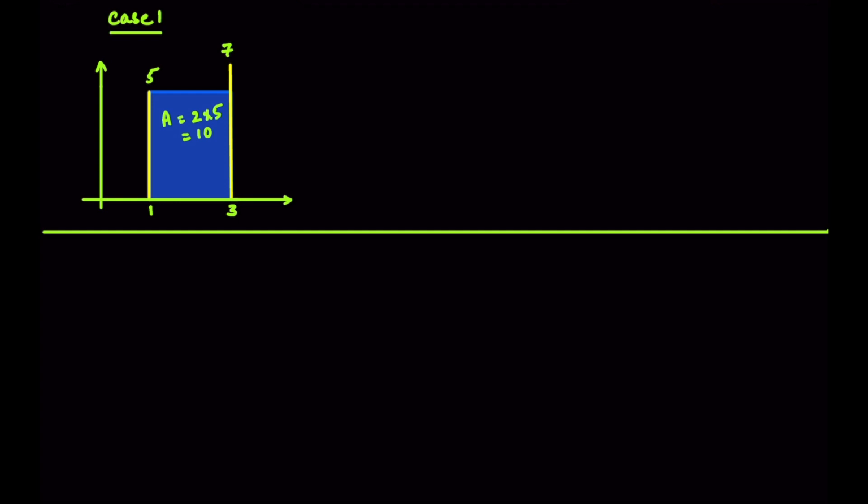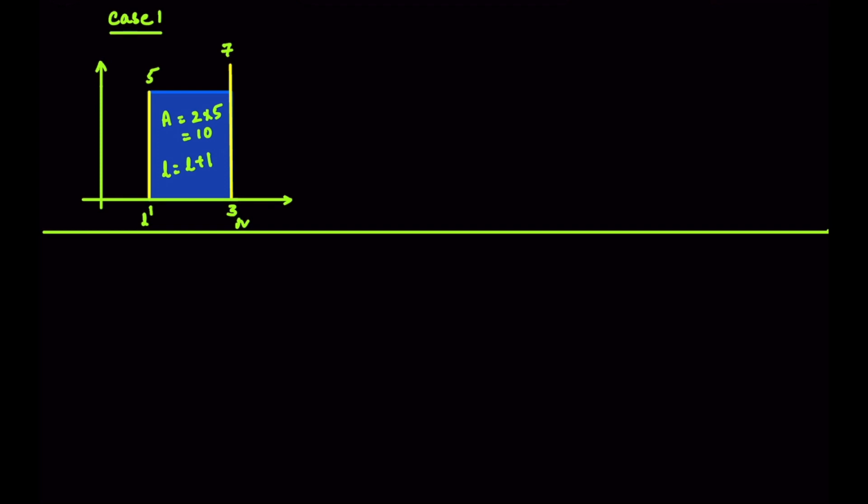And after finding this area, we consider this one as the left pointer and this one as the right pointer. Since the left height is 5 and we already found the maximum area that can be found with this 5, we'll be incrementing the left pointer. So we'll be updating left is equal to left plus 1.